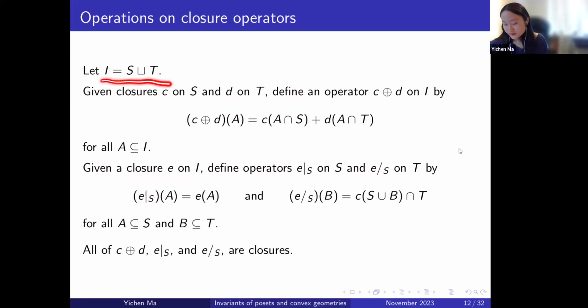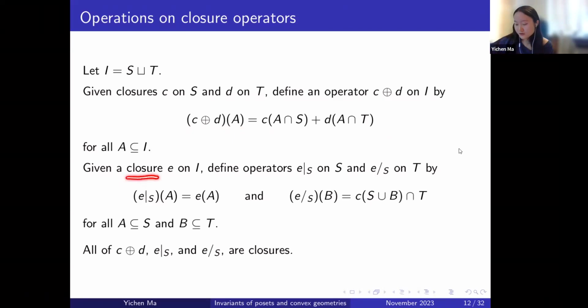First, we consider a decomposition of I, which we denote as S, T. Then if we have a closure on S and a closure on T, we can define a direct product of closure operators. We can regard this as saying that the closed sets of the direct product are simply the sums of the closed sets of each one.